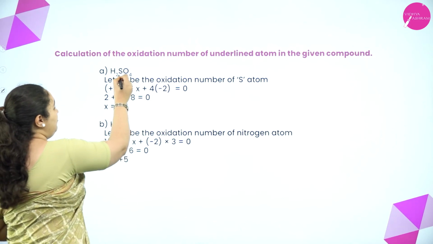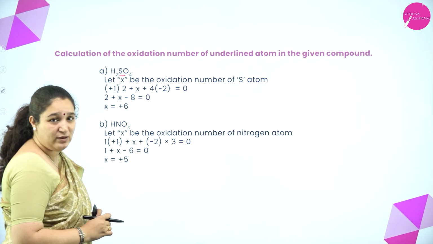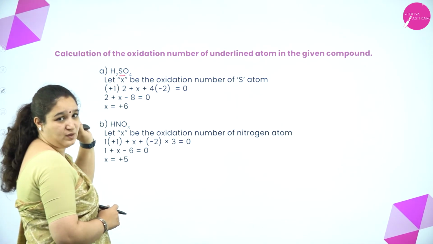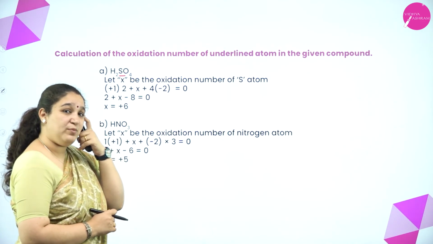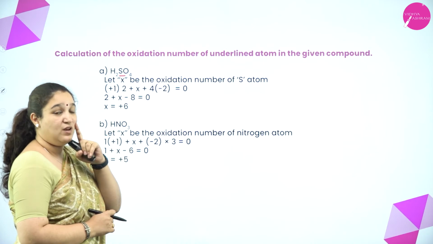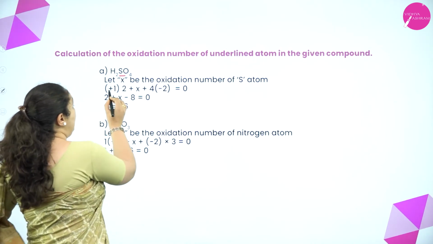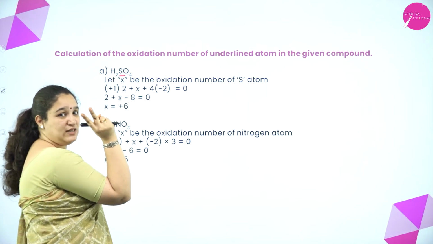Sulfur. I don't know the oxidation number. It is underlined. I need to calculate. So, how will I do it? I'll take X for sulfur. Now, I have to remember my rules. For hydrogen, what is the common oxidation state? +1. For oxygen, the common oxidation state is -2. So, +1 into 2. Why 2? Because I have 2 hydrogen atoms in H2SO4.